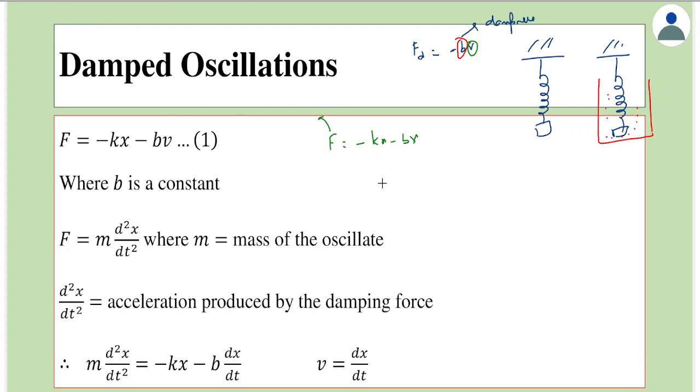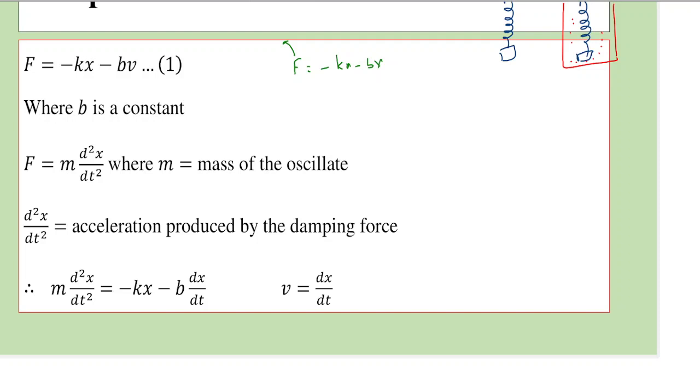Both the restoring force and the damping force are negative, so there is a minus sign here. If you rearrange it, we got F is equal to minus kx minus bv.